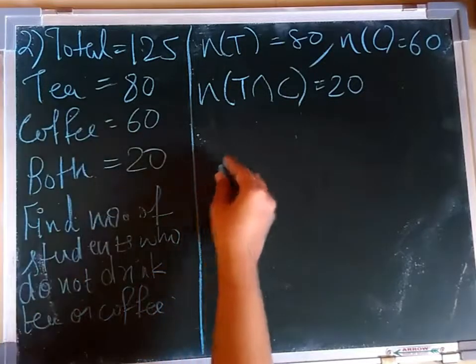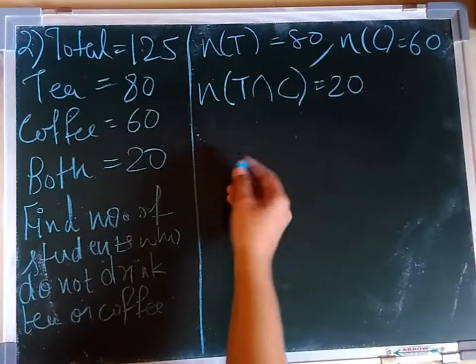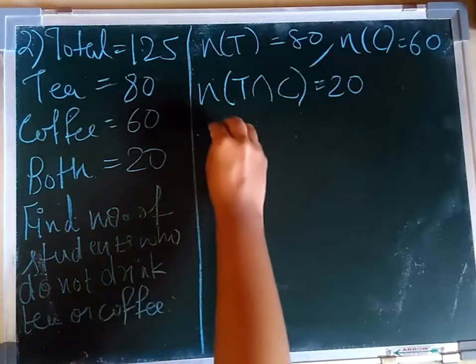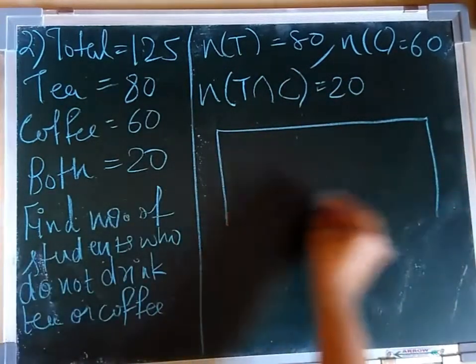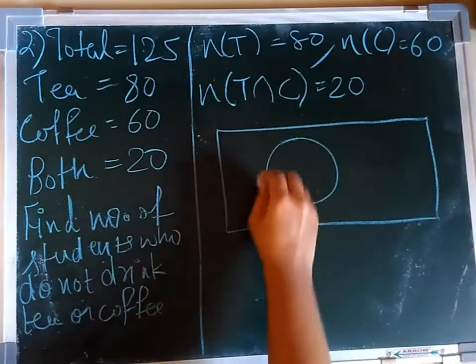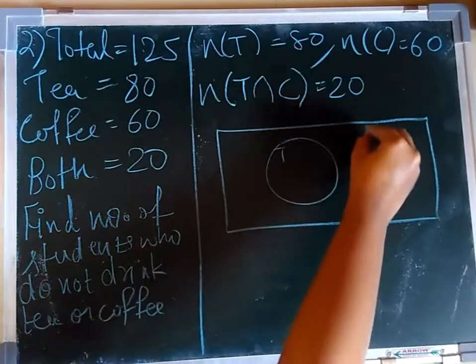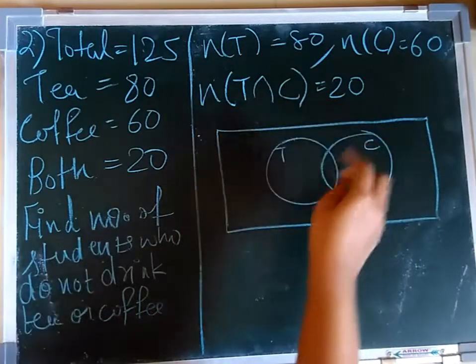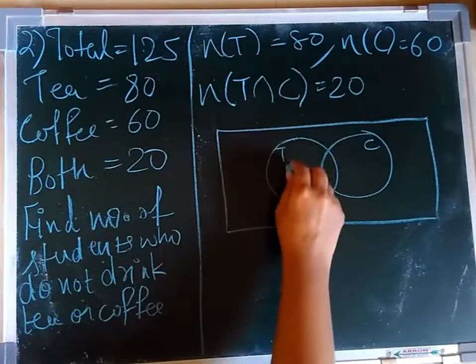Okay. So first, if I represent it using a Venn diagram, tea, coffee, and this is the intersection part.